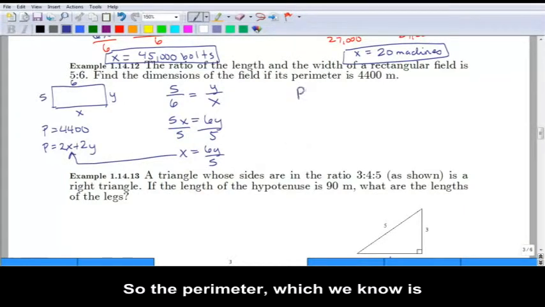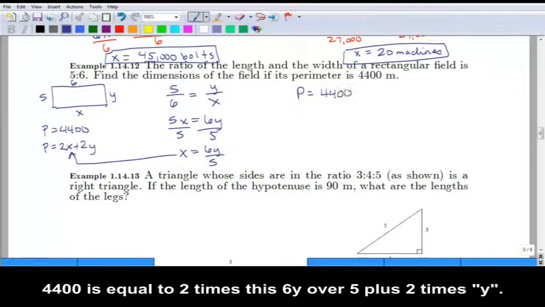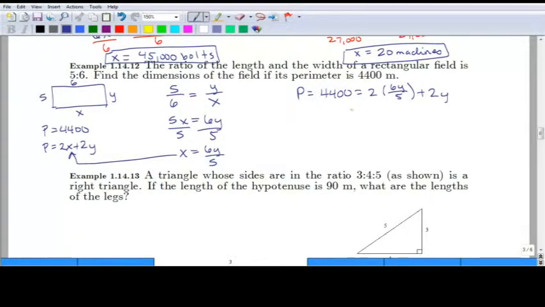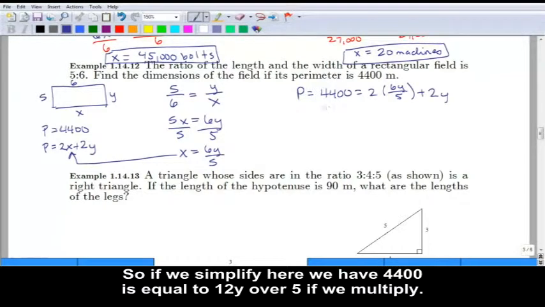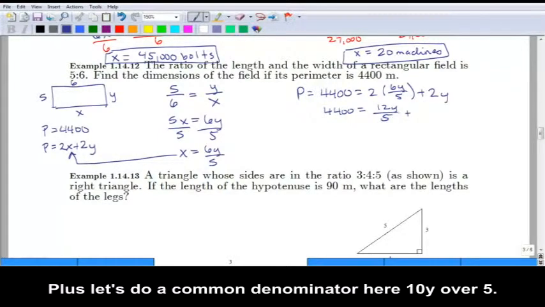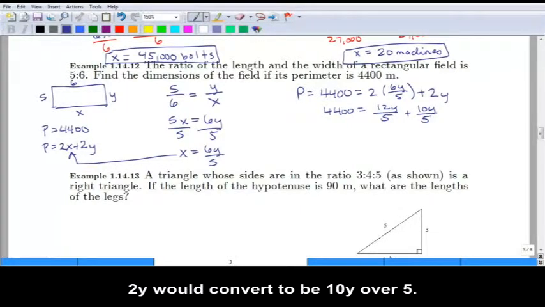and then we can substitute in here. So the perimeter, which we know is 4,400, is equal to 2 times this 6y over 5 plus 2 times y. So if we simplify here, we have 4,400 is equal to 12y over 5 if we multiply, plus, let's do a common denominator here, 10y over 5. 2y would convert to be 10y over 5.